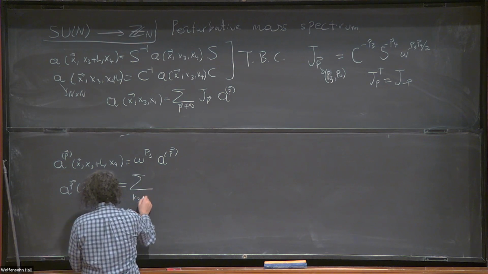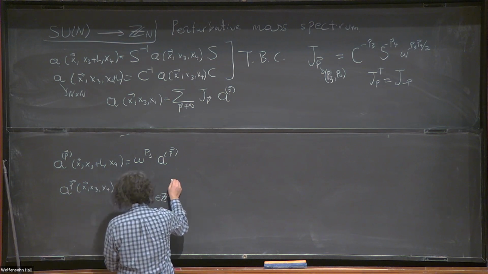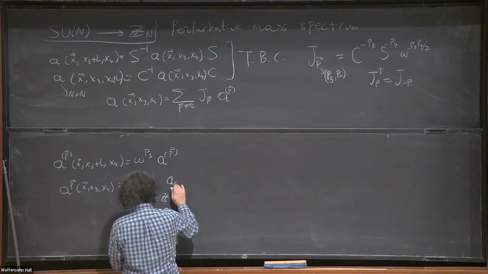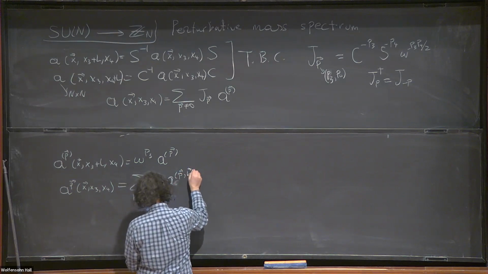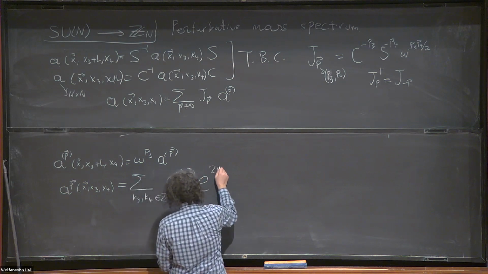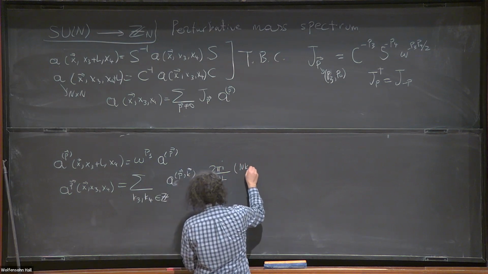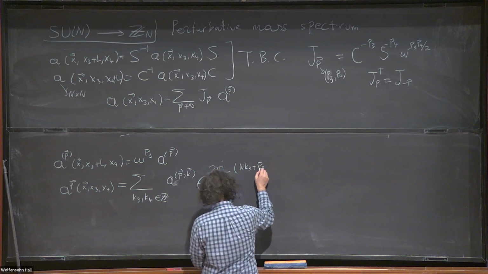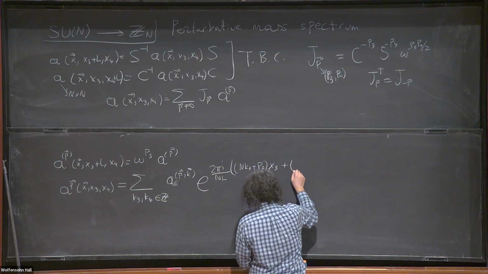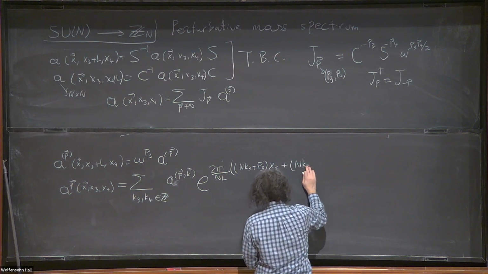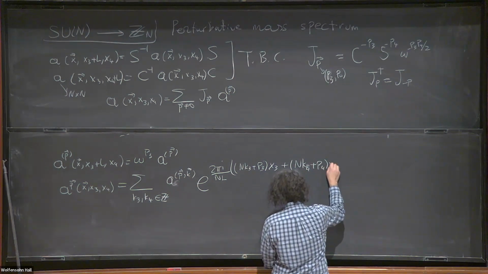There is a sum over K3, K4, over all integers, of A_{P,K} times exponential of 2 pi i divided by NL, (N K3 + P3) x3 plus, this will be the punchline of the spectrum, (N K4 + P4) x4.